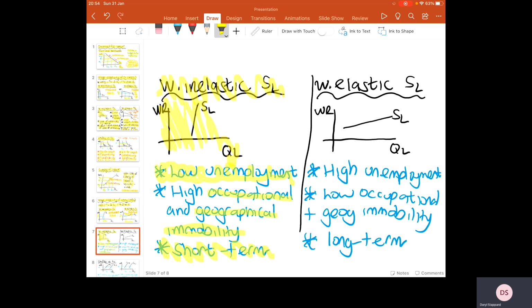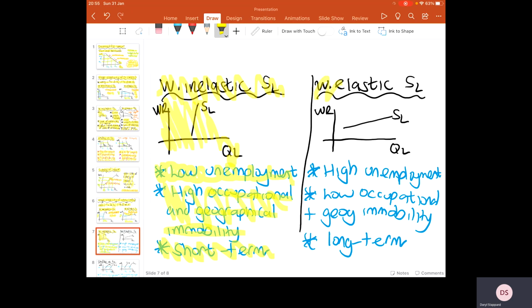So maybe house prices are too expensive in the area where the job vacancies are. Or it could be the cost of transport to get to them jobs is so expensive, or it's so difficult to travel to that place, then people would be unable and unwilling to take them jobs in other parts across the country. So guys, the idea that when you've got high immobility, again, as wage rates grow, people struggle to respond by supplying more labour.